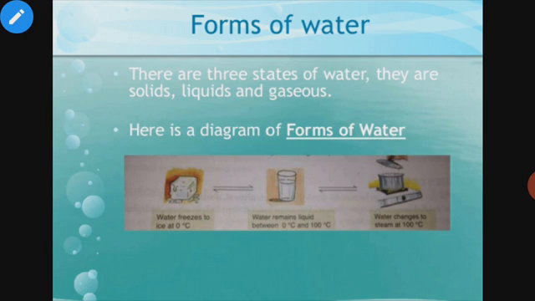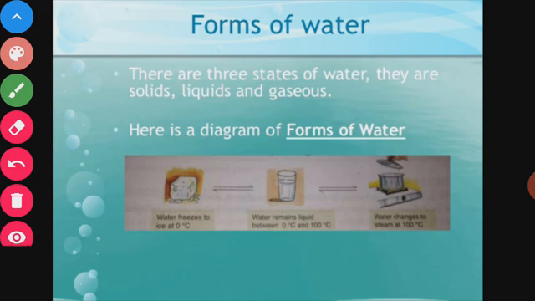Water in nature exists in three different forms: solids, liquids, and gases. As a solid, water exists as ice, as a liquid water exists in its original form, and gaseous water exists as steam.